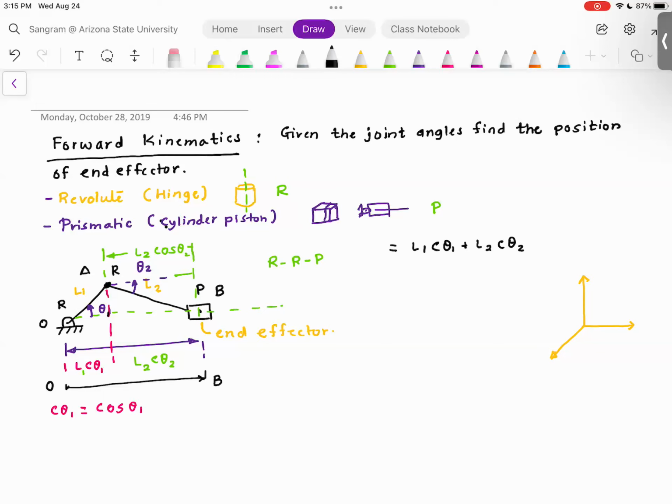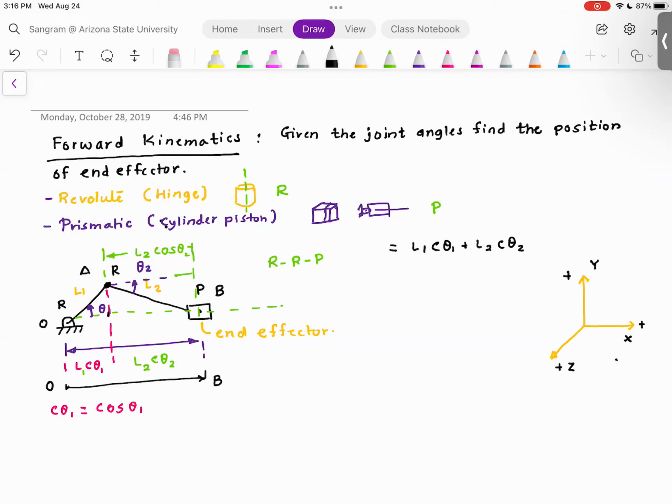Everything will be opposite. Now, if you have motion about positive x-axis, that motion is positive. So motion in this direction is positive. If you have motion about positive y-axis, that motion is going to be positive. And please understand, this is positive z-axis. Everyone understood this? How do we determine the orientations? To determine orientations, curl your right hand, curl your fingers, and see where the thumb is pointing.